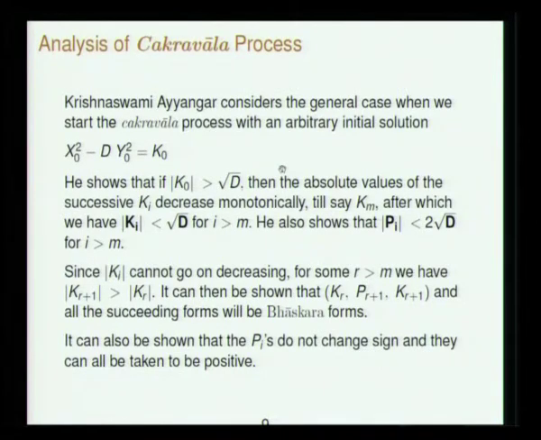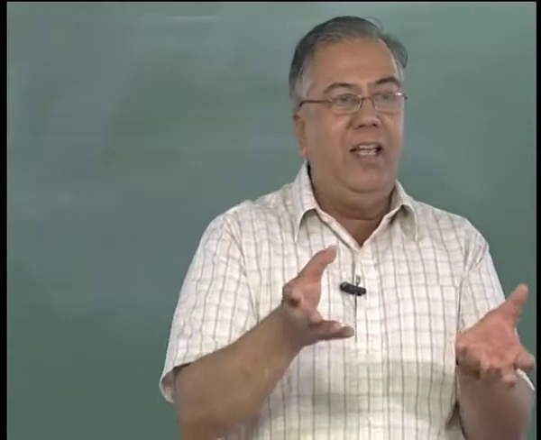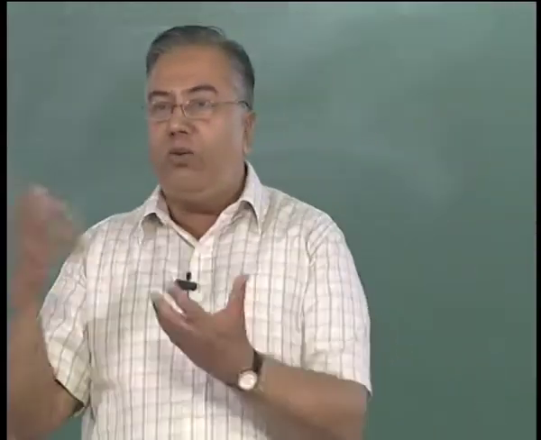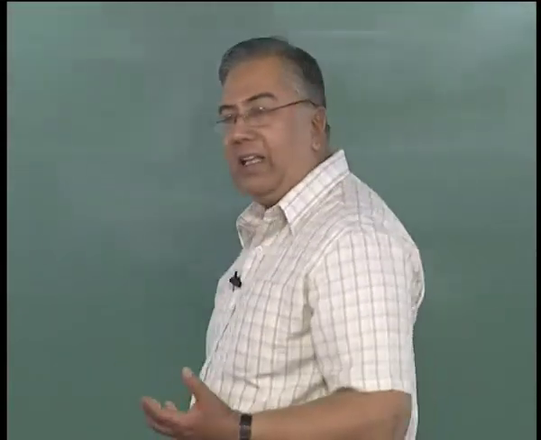And then he even showed that you can start with any value of k and do Chakravala, you will eventually come to a value of k which is less than root d, and later on you will move within the region k less than root d and p less than 2 root d. So both k's and p's are bounded by root d and 2 root d, and k and p are integers, and if they are bounded by root d and 2 root d, after some time they have to repeat in a cycle. So already the cyclic property of the algorithm is proved.